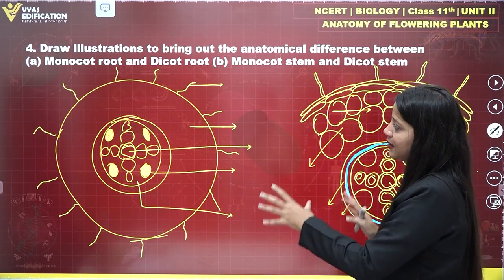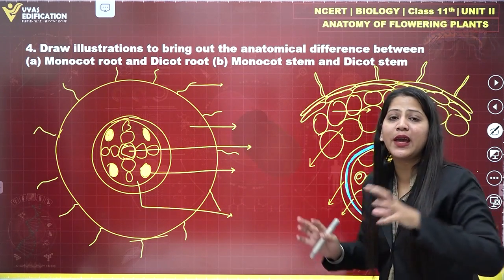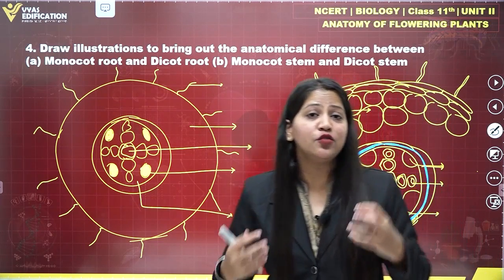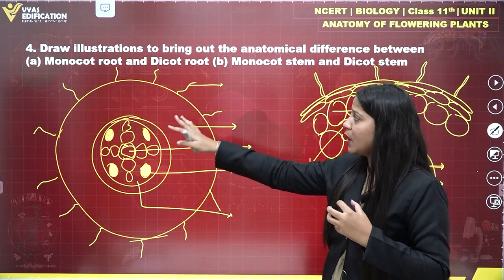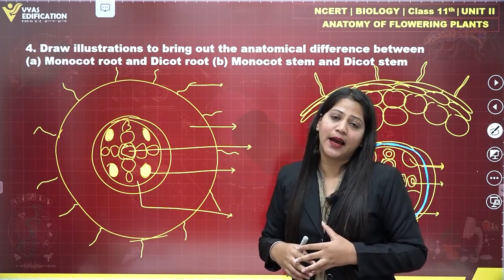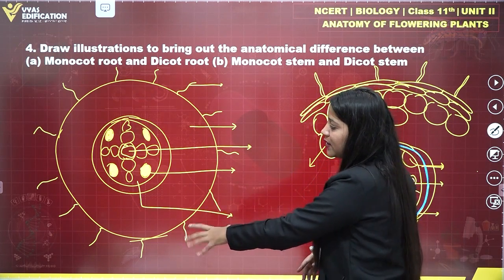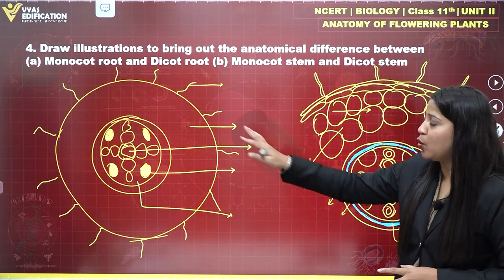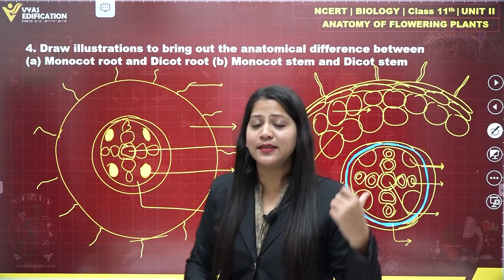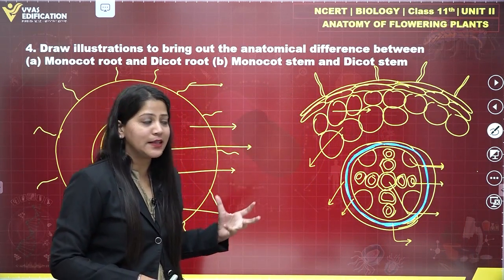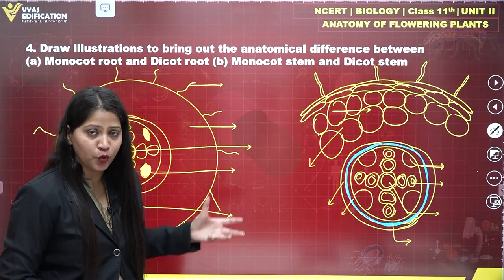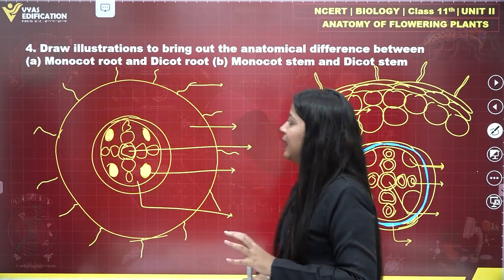So in this, you can see on the screen, we have 2 diagrams, and these 2 diagrams are of monocot root and dicot root. This one diagram is representing the monocot root, whereas this diagram on the right side is representing the dicot root. Now let's label it.